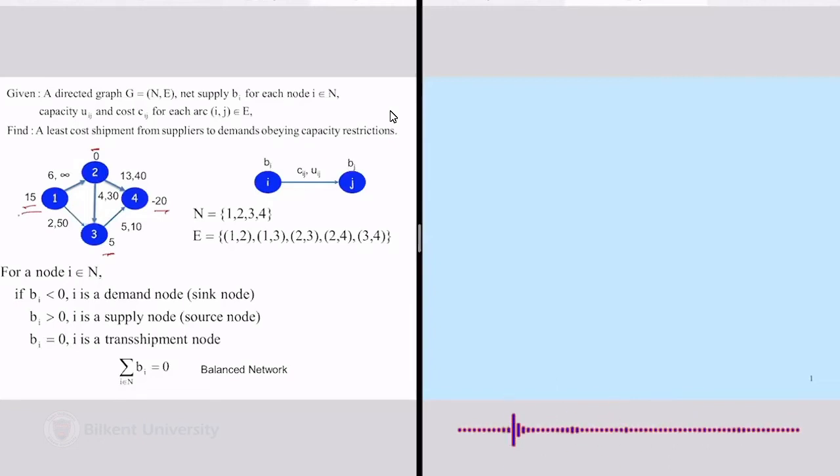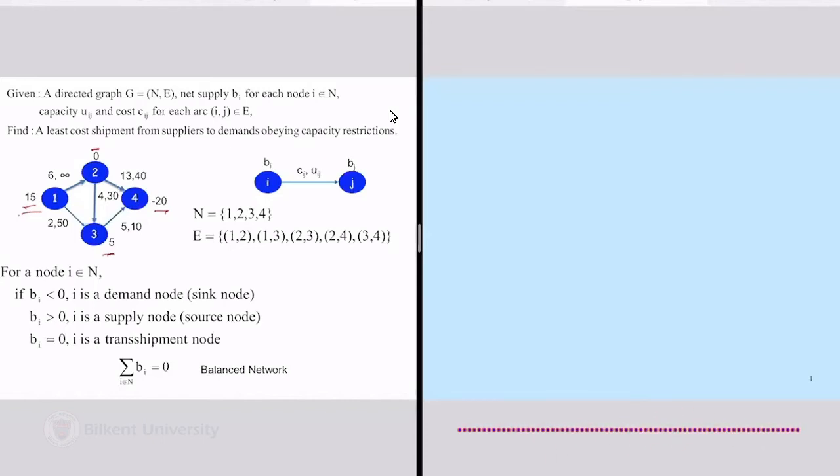So we consider each demand node as with a negative b value, and each supply node with a positive b value. If the node is not a supply nor a demand, every road actually passes through that node. So it's just there because the network actually requires it. But it is not my factory, it is not my warehouse that I want to send to. So it may not be a demand or a supply, but just there because the network requires it. Those nodes will have b as the value 0.